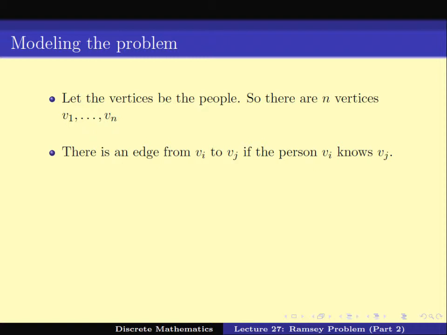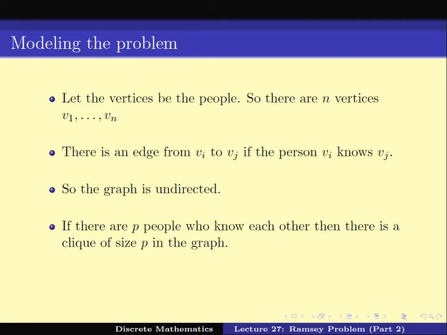Since person Vi knows person Vj implies person Vj knows person Vi, the graph is undirected because this relationship is symmetric. And what are we looking at? We want to find P people who know each other, meaning there are P vertices such that between any two vertices there is an edge. So that means there is a clique of size P.